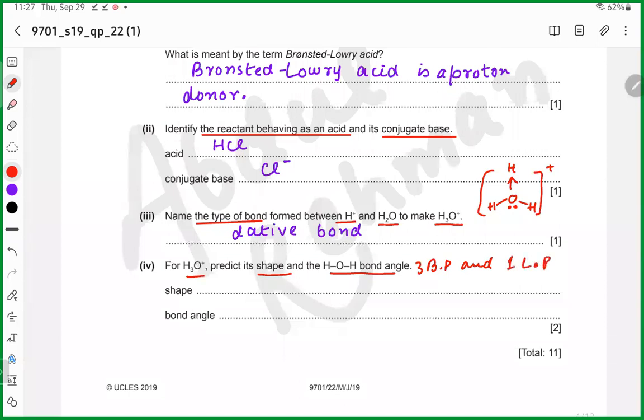Whenever in any species the central atom forms three covalent bonds and has three bond pairs, or shared pairs, and one lone pair, the shape is always trigonal pyramidal. Is this clear?